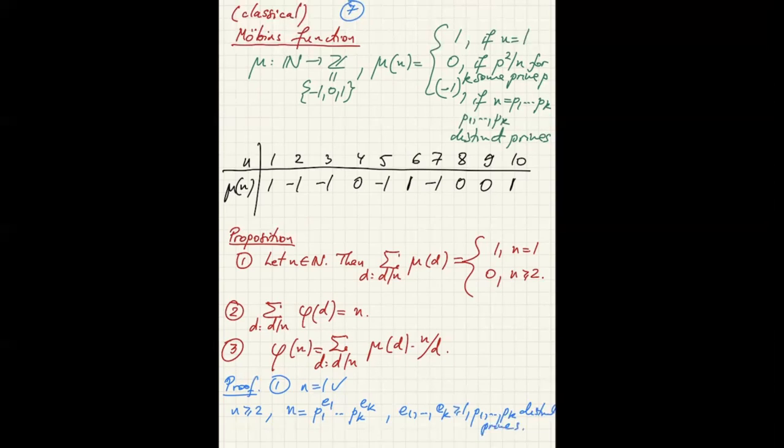Okay, now if we have a divisor of it, d, how will d look like? So if d divides n, that means that d looks like p1^f1 ... pk^fk, with f1 less than or equal to e1, fk less than or equal to ek. That's how the divisors look.